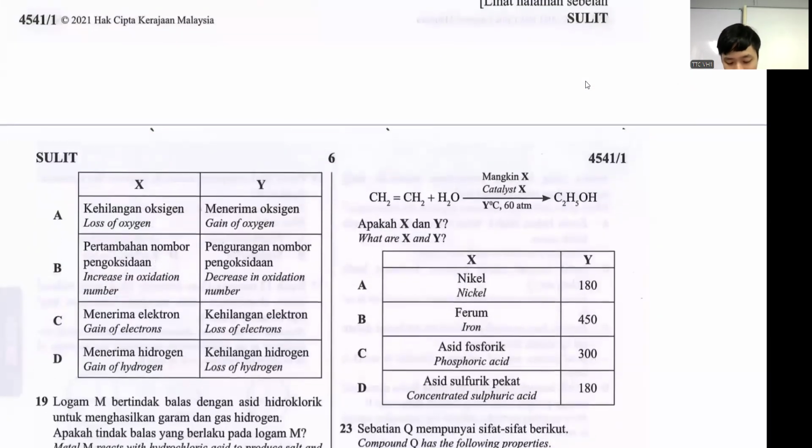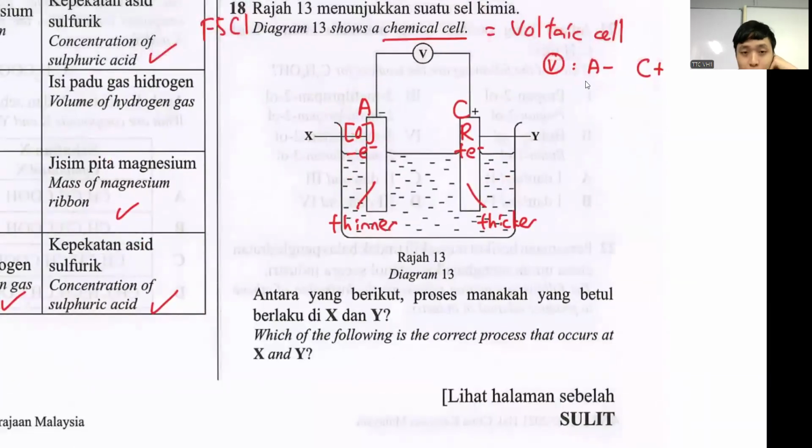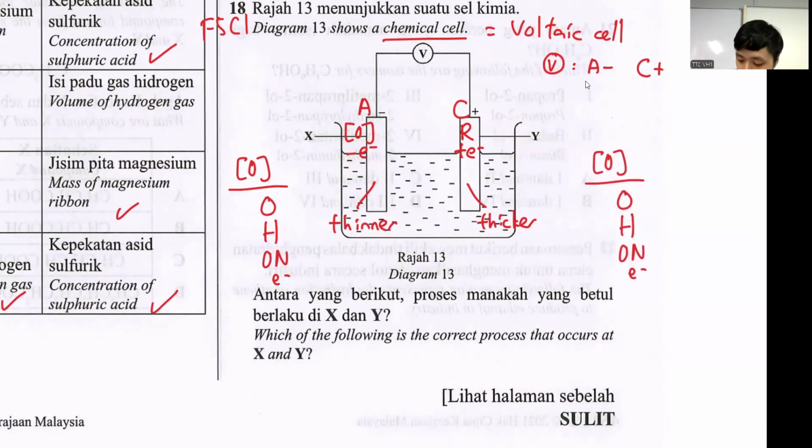So loss of oxygen. You have to remember this. Oxidation means gain oxygen, lose hydrogen, increase in the oxidation number, lose electron.